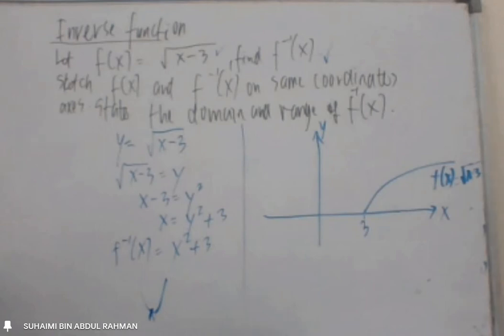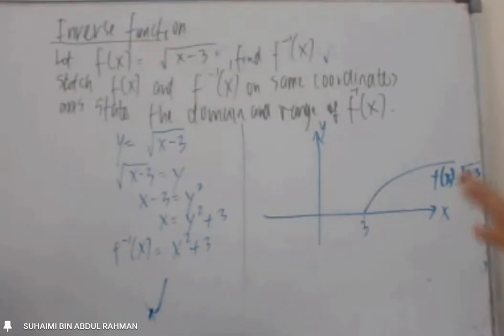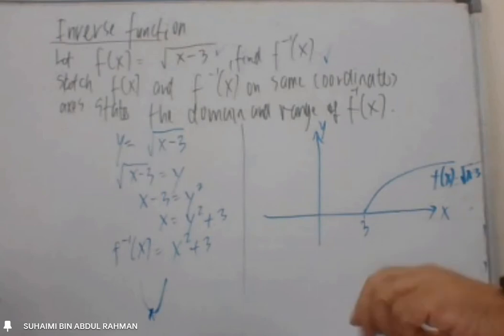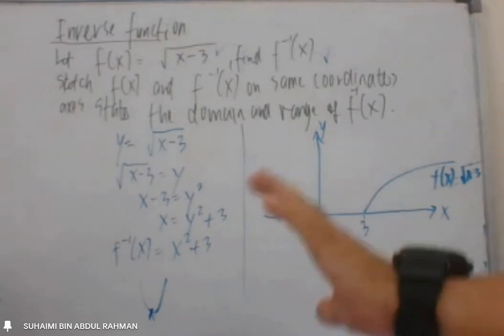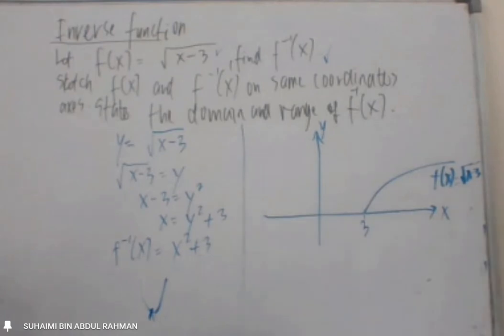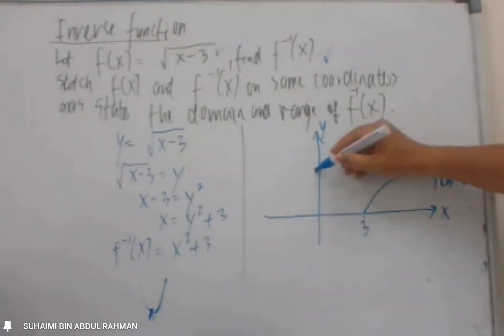Next week we're going to have open book test number 1, so just one week. Later, we'll focus on chapter 2. So you have to know when we shift to the left. Yes, shift up. How many units? 3 units. Therefore, it must be plus 3 here.